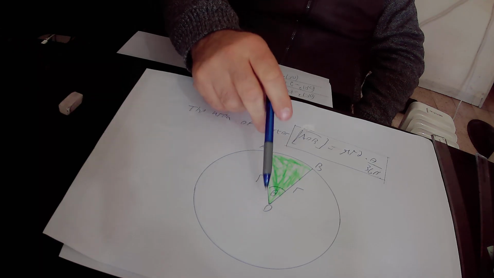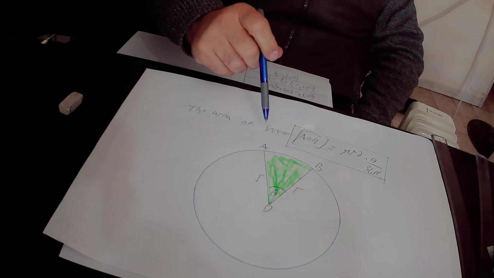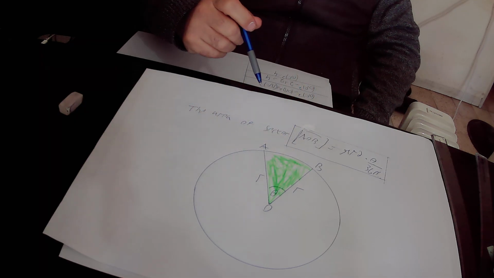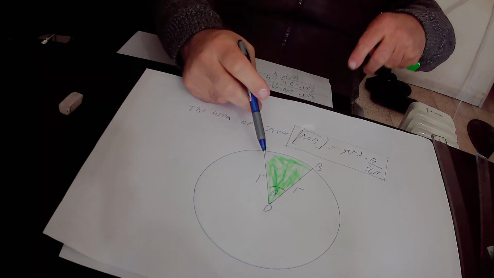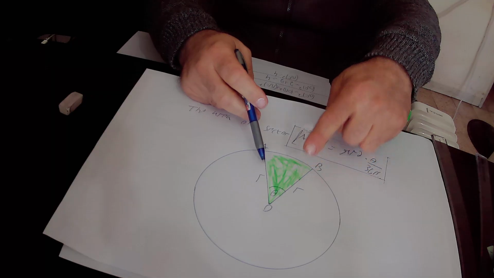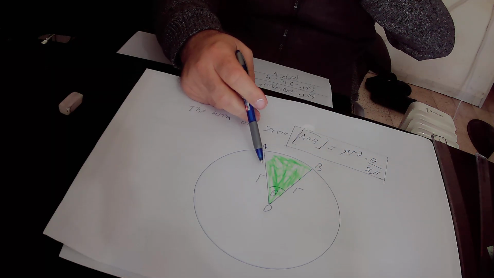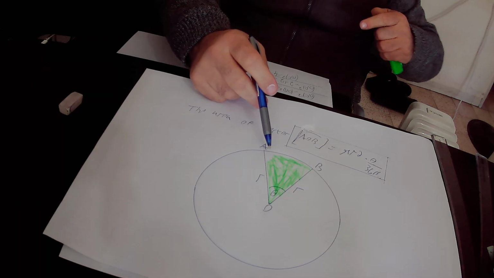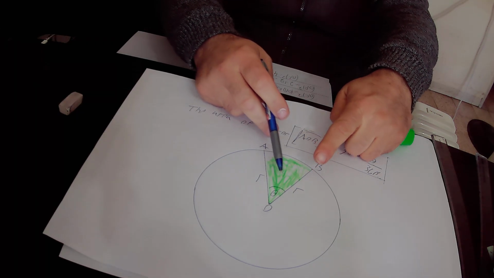The sector AOB consists of two legs, leg AO and leg BO. Both of these legs of the sector are radii of this circle, equal to R. And the angle between those two legs is theta.